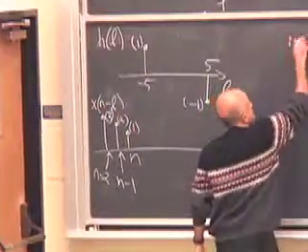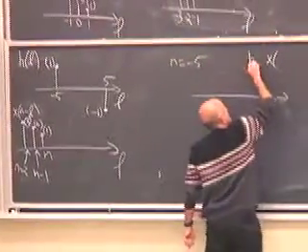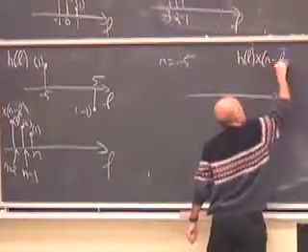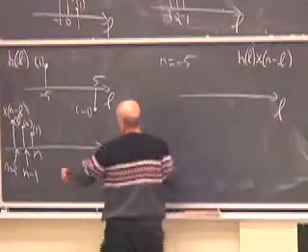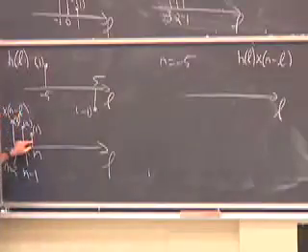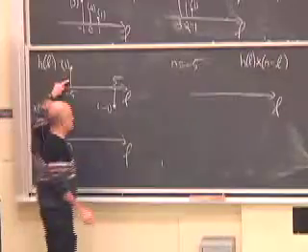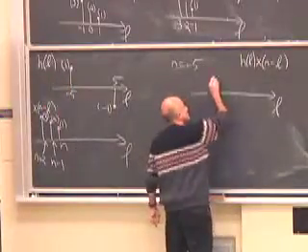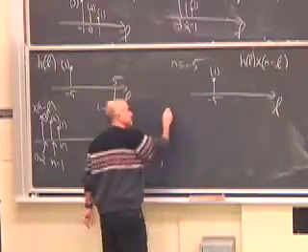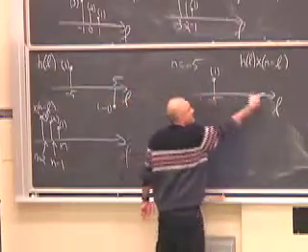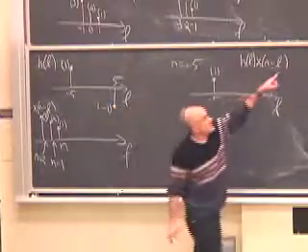For n equals minus 5, h of L times x of n minus L is 0 everywhere except at negative 5, and the value there is 1. What does that convolution sum say?